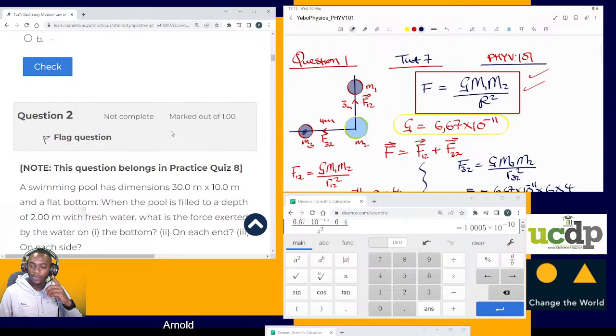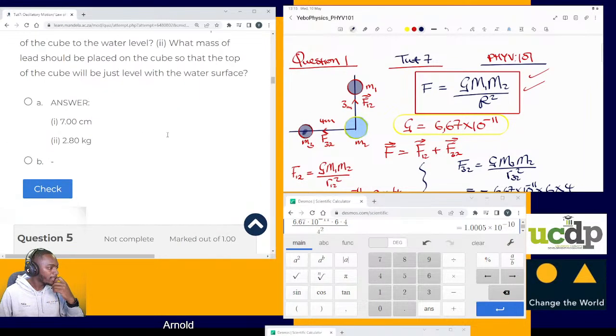So I'm going to skip questions 2, 3, and 4, which belong to the practice quiz in tutorial 8, because you'll be having a semester test next week, and it's not going to be on that yet. We're still going to cover questions 2, 3, and 4 next week in the next tutorial, when we're looking at tutorial number 8.